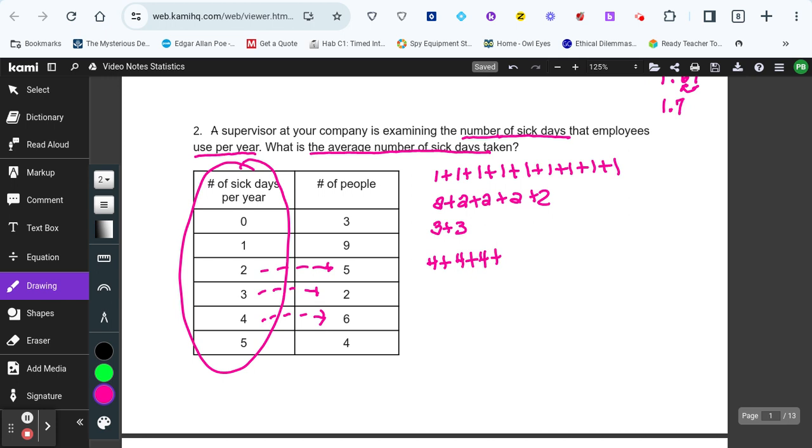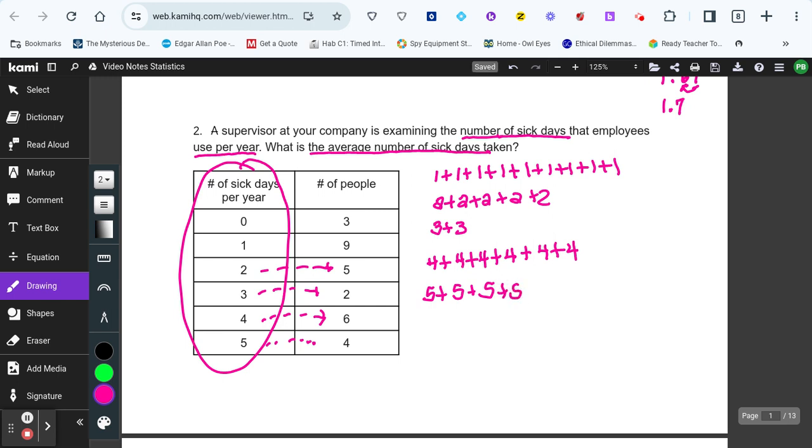And I'm going to show you a shorter way to do this. I'm just introducing this frequency table like this so you can kind of get a gist of what I'm doing. 1, 2, 3, 4, 5, 6. And 4 people took 5 sick days. So one person took 5, another person took 5, a third person and a fourth person.